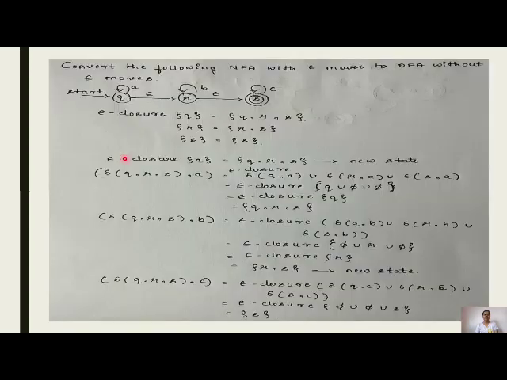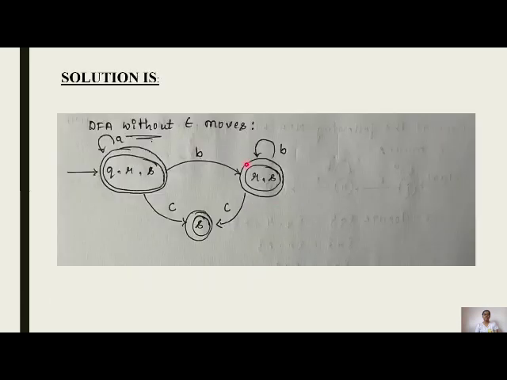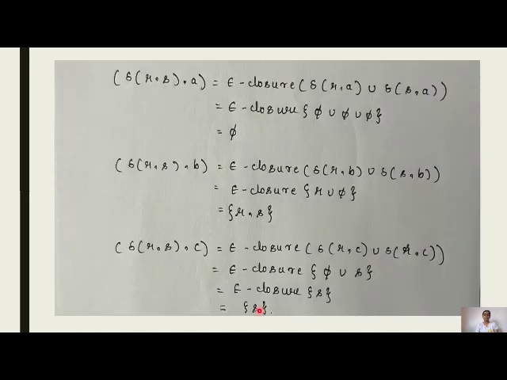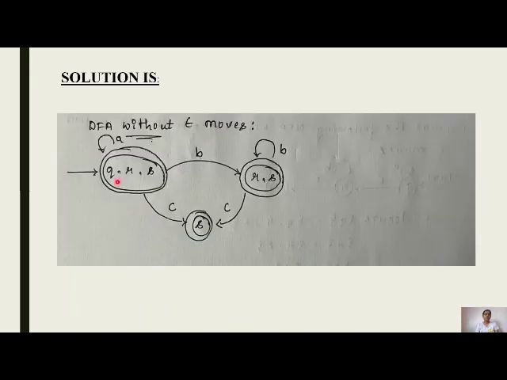Then Q comma R comma S with input B, it is going to R comma S. So we have to take another state, R comma S. Then Q comma R comma S with input C, it is going to S.